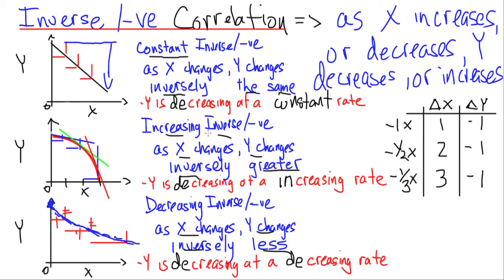Whereas with the increasing inverse correlation, the line is sloping downwards, but it's getting steeper. The most common way to show this is to draw a circle and cut off all but the lower left. Before we cut off all but the upper right for increasing inverse, now we have only the lower left of the circle, and this is the basic shape of a decreasing inverse correlation.